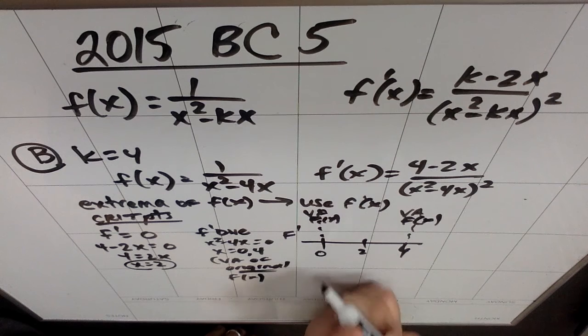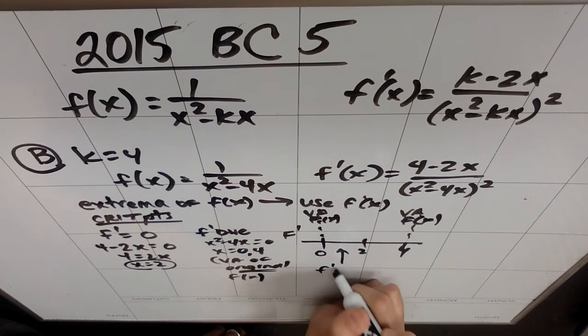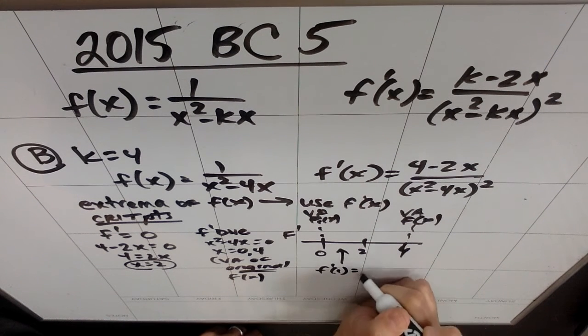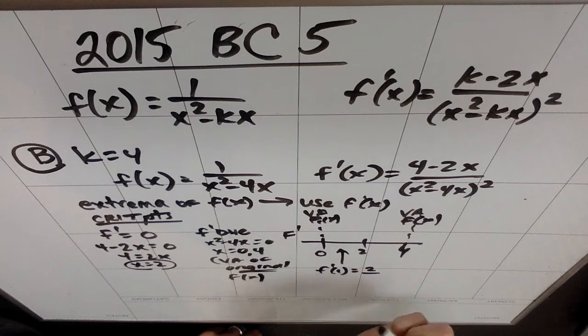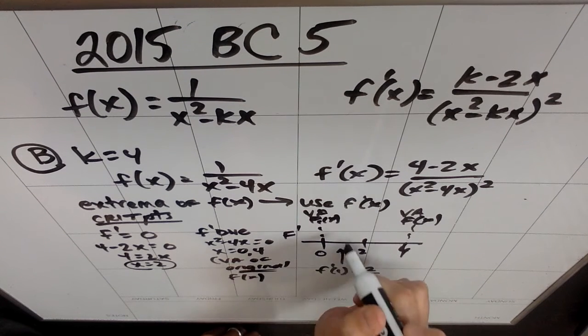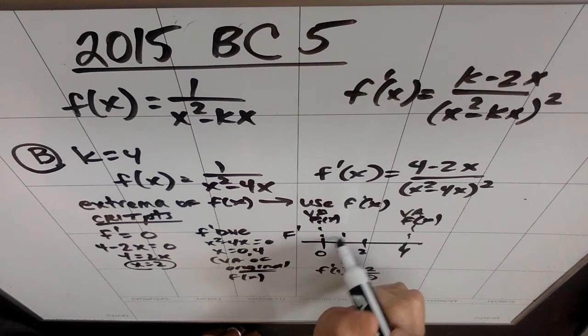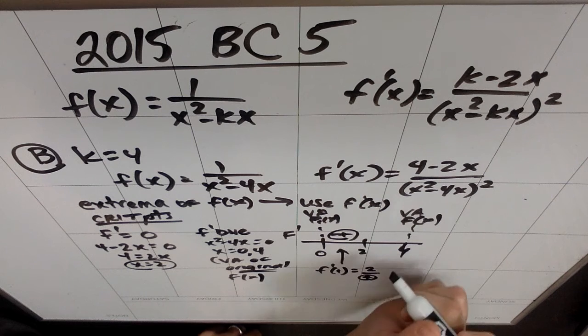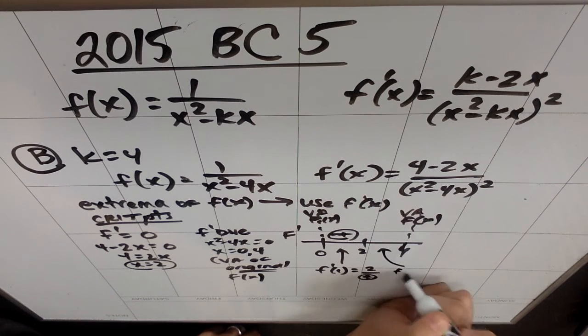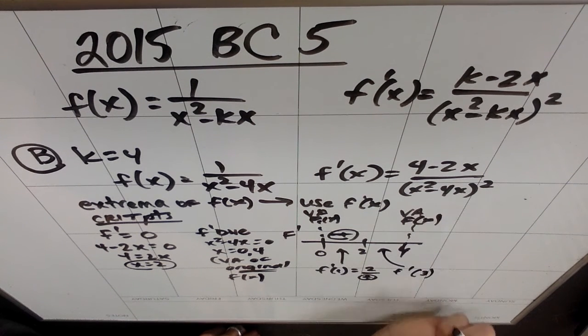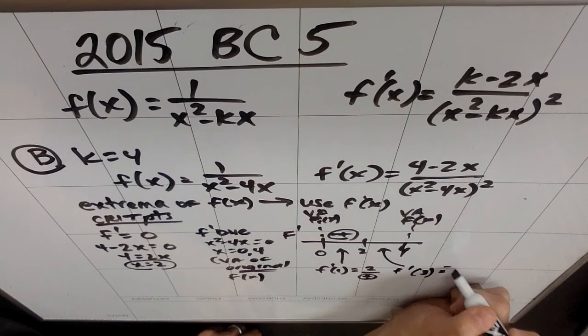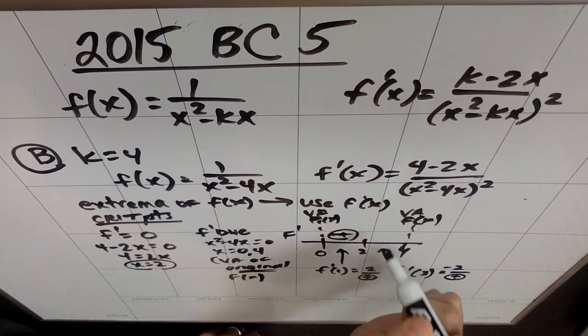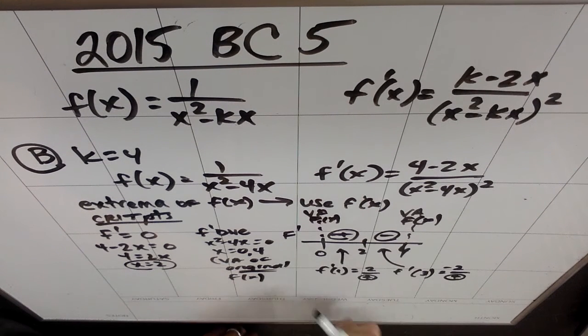So if I plug in f prime of 1, I'm going to get a 2 on the top over a number that has to come out positive on the bottom because it's squared. So I'm going to get a positive here. And if I plug in f prime of 3 here, I'm going to get a negative 2 on the top over a number that has to come out positive. So it's negative. What that means is that f must be increasing and then decreasing. So I have a max.